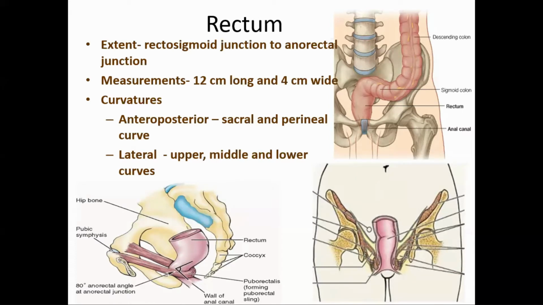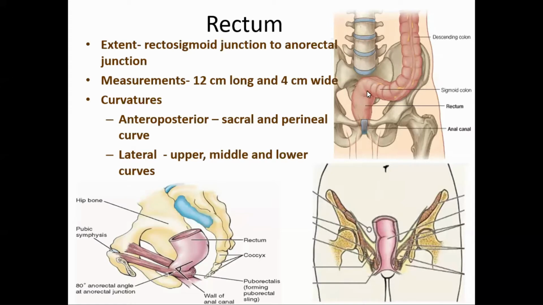Because of the presence of the curvature, the rectum is misnamed in man. Though rectum means a straight tube, in man it is not straight because it presents curvatures. So what is the meaning of the rectum? It means a straight tube.